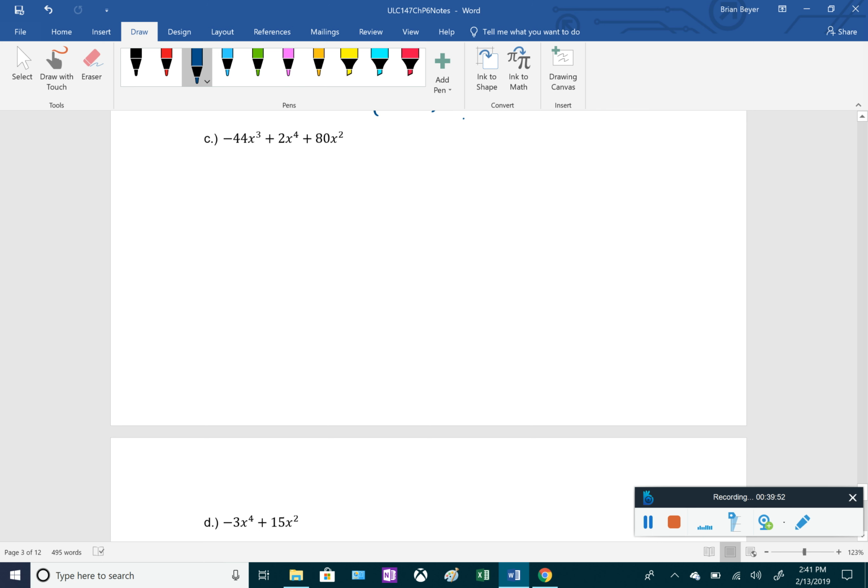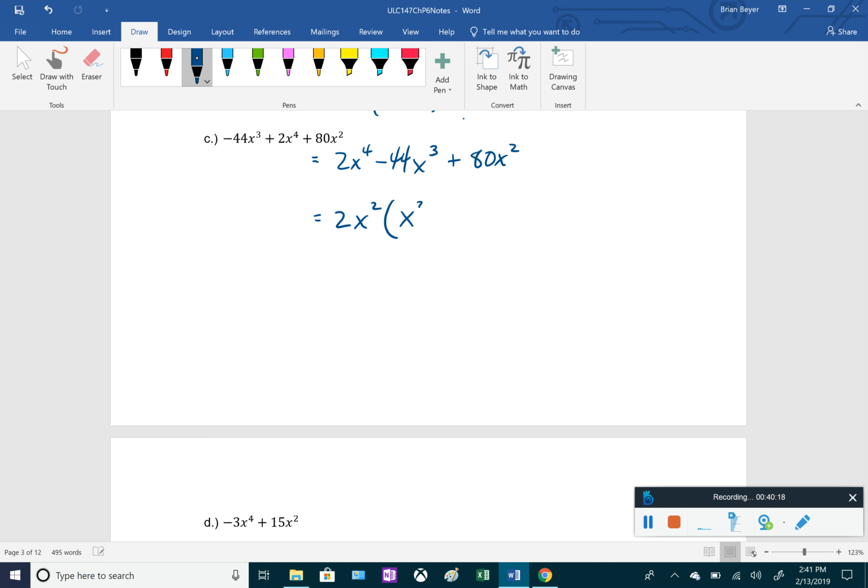Okay, and then c, negative 44x cubed plus 2x to the fourth plus 80x squared. So for this one, what I'm going to do is write this in descending order in terms of the exponents. So get this into standard form first. So we get this. And once again, third time in a row, recognize we have a GCF of 2x squared.